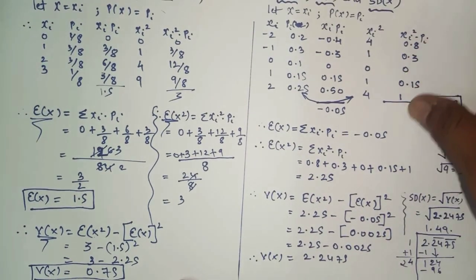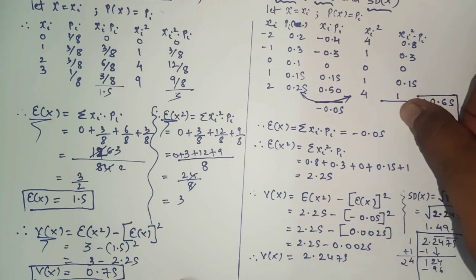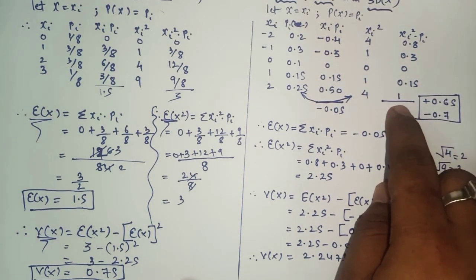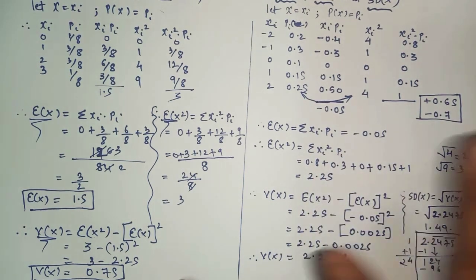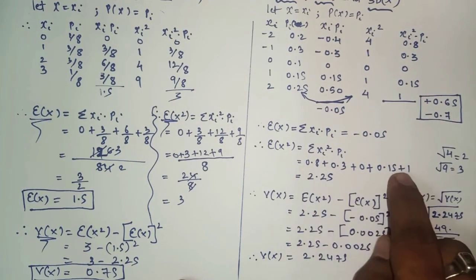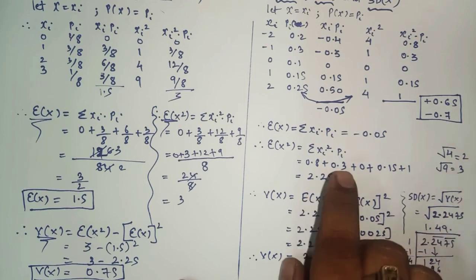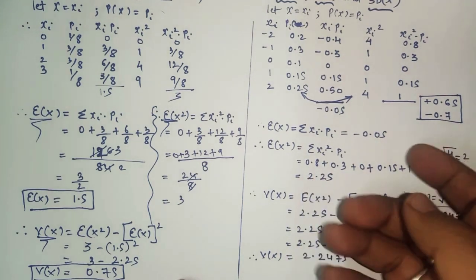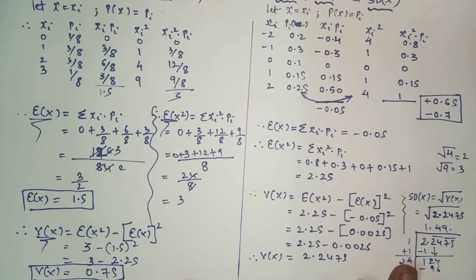Here directly you will add the numbers, you will get the answer 2.25, and straight away substitute the value. It is up to you if you want to show the adding step and then write down the answer.